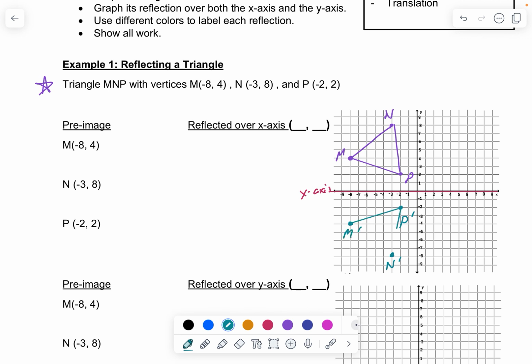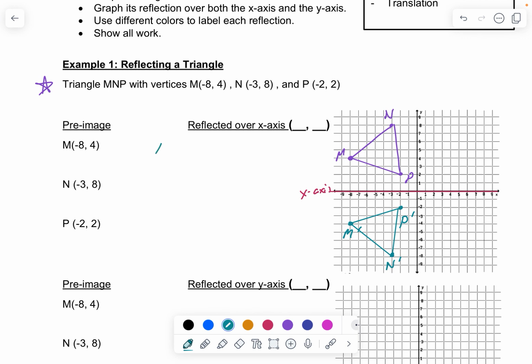And so we're going to make these connections, and hopefully you can see that if you folded this coordinate plane on that red line, those two images would be right on top of one another. So that is a reflection.